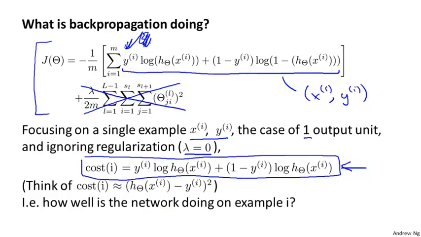So rather than looking at this complicated expression, if you want, you can think of cost of i as being approximately the squared difference between what the neural network outputs versus the actual value. Just as in logistic regression, we actually prefer to use the slightly more complicated cost function using the log, but for the purpose of intuition, feel free to think of the cost function as being the sort of squared error cost function. And so this cost of i measures how well the network is doing on correctly predicting example i. How close is the output to the actual observed label yi.